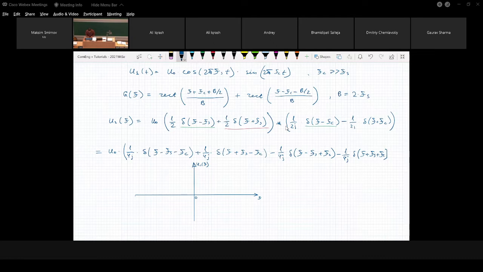So let's try to place all the delta pulses that we have. Let's say we have 10 cells for carrier frequency fc, and also minus fc. Then let's say we have 3 cells for fs.